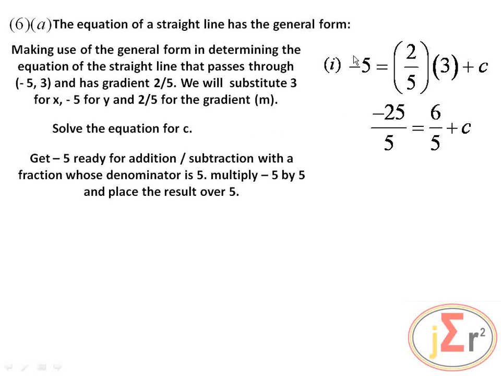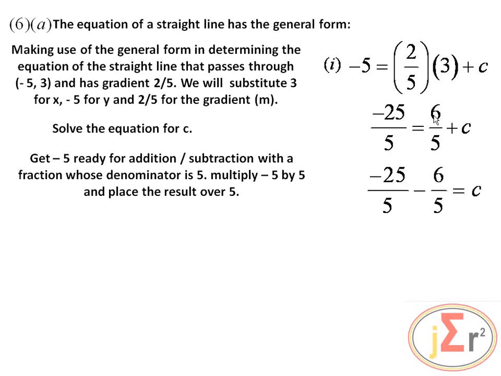In order to make this into a fraction whose denominator is 5, we multiply this -5 by 5 and put the result over 5. So what we have here is -25 over 5. But if we divide it, we will get -5. Now this is another way of writing the -5 and writing it in such a way that it can be easily combined with the fraction whose denominator is 5.